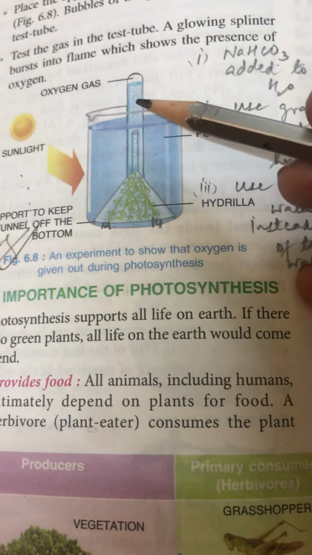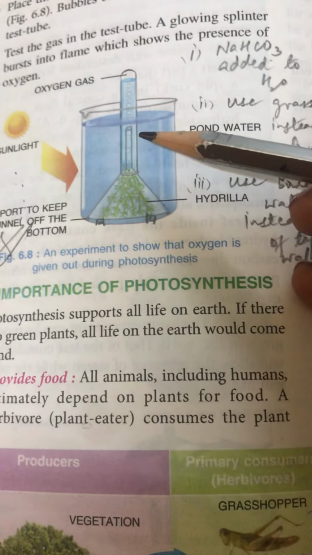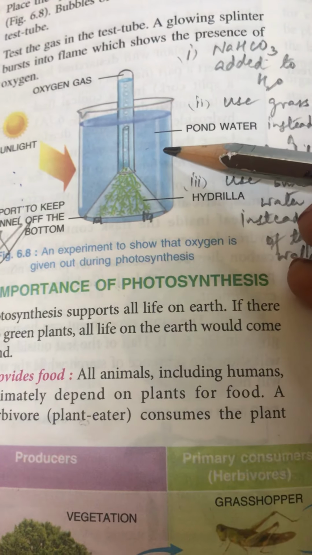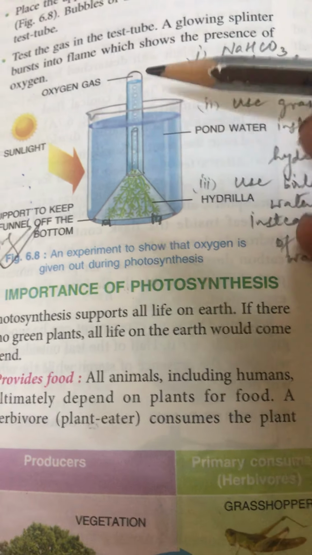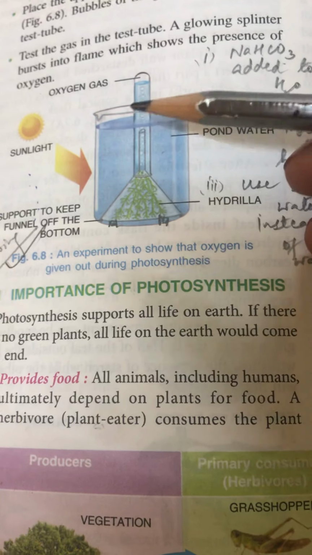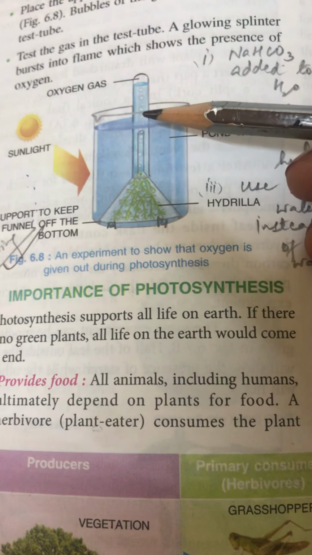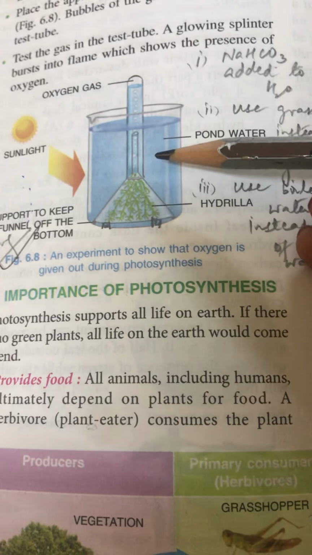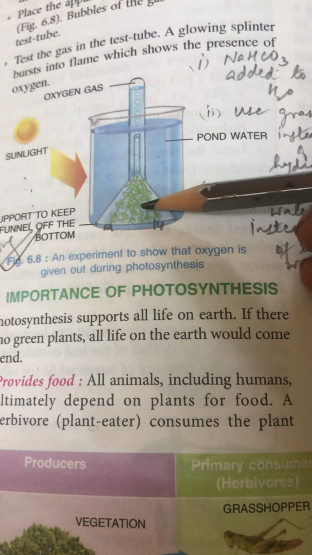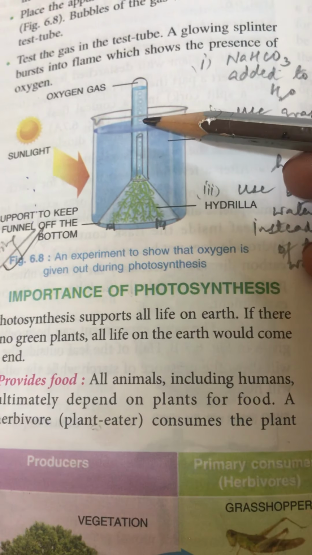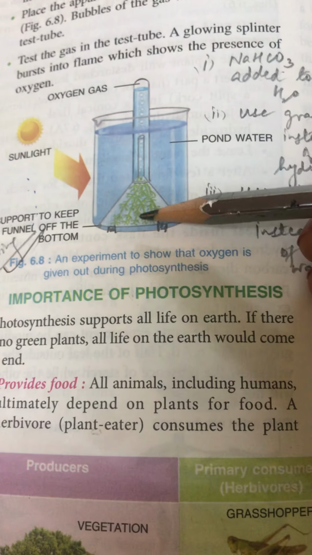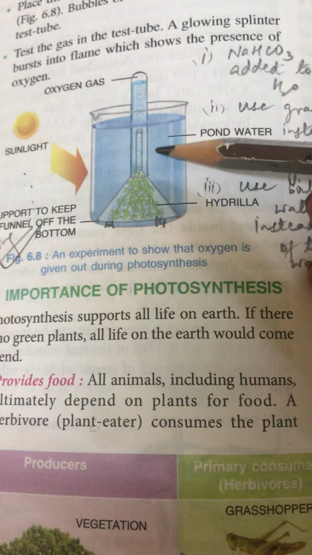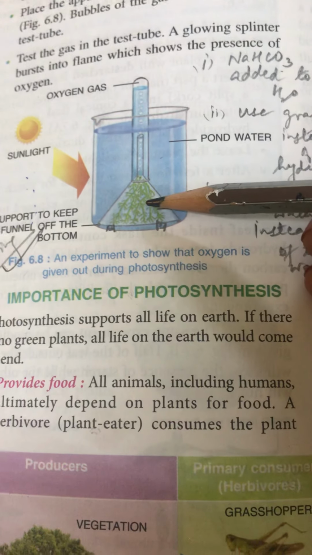So again, no evolution of bubbles as no photosynthesis is occurring, as pre-boiled water would have no dissolved CO2. In grass, no evolution of bubbles as no photosynthesis occurs because grass is a land plant and not a water plant and cannot take up dissolved CO2.